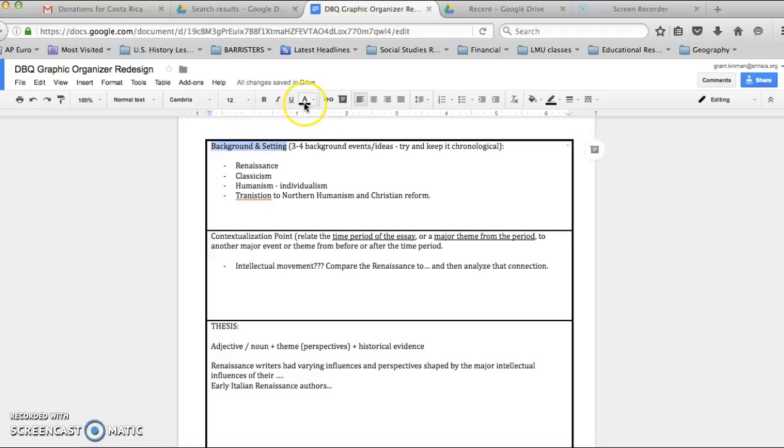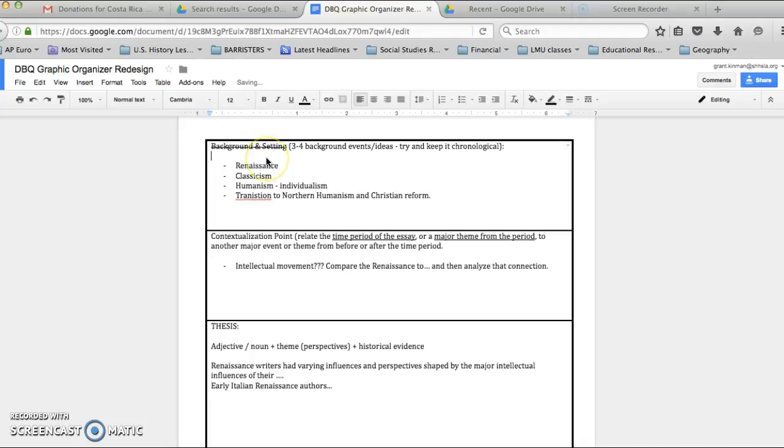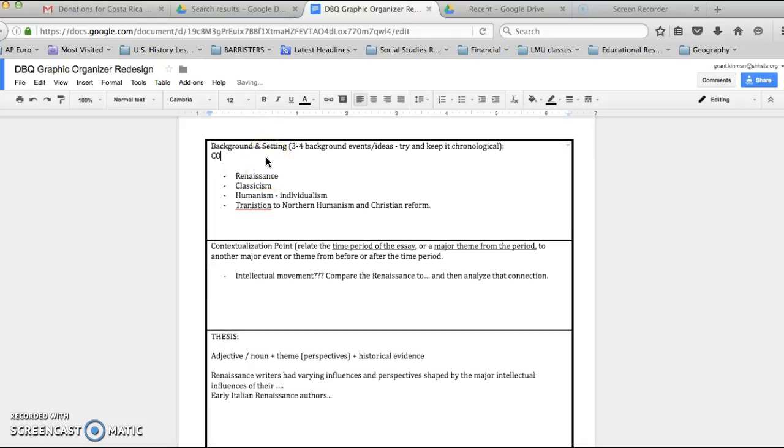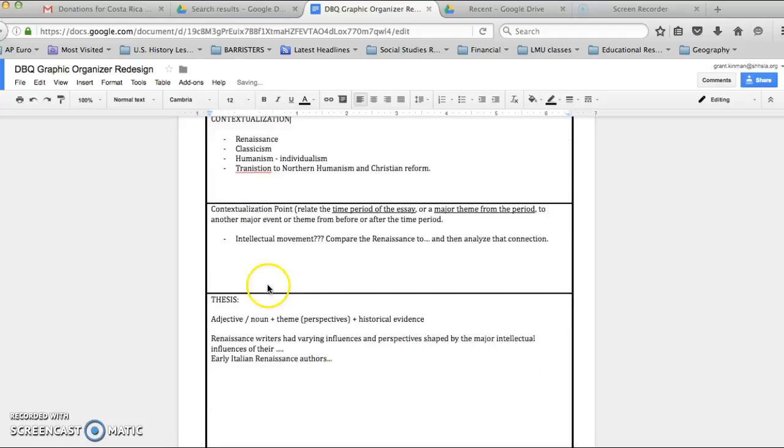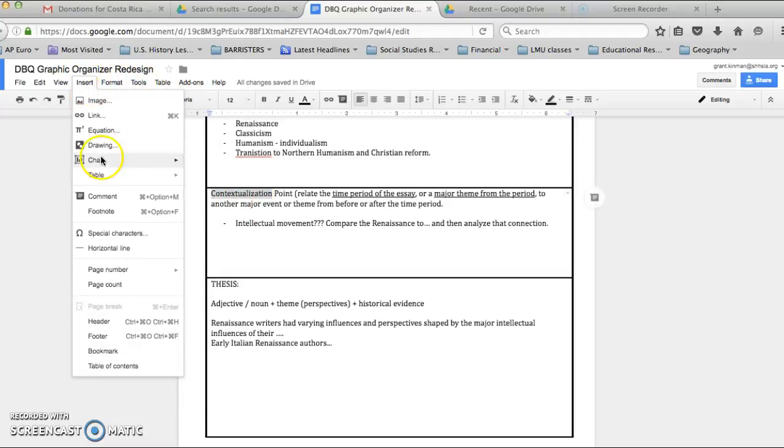That's why I was getting confused. So I'm going to strike through background and setting and remind you that this is actually where you're going to get your contextualization point. So make a note there. And then what I have listed as your contextualization point, that's actually your synthesis point, which makes sense.